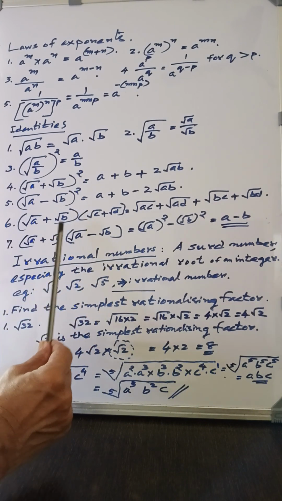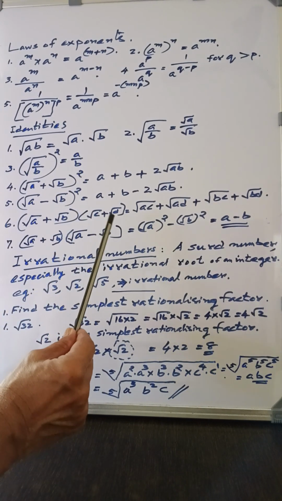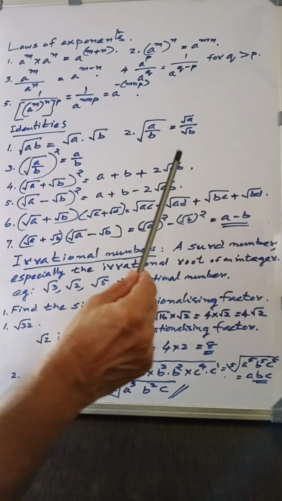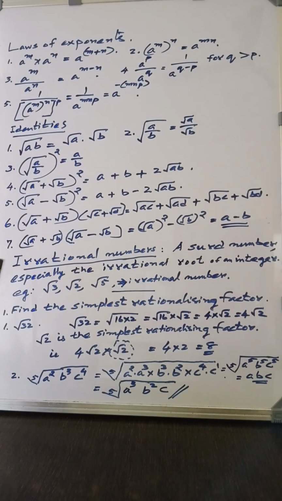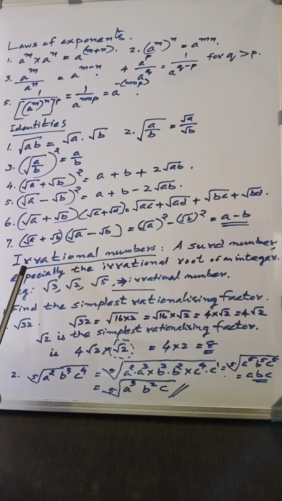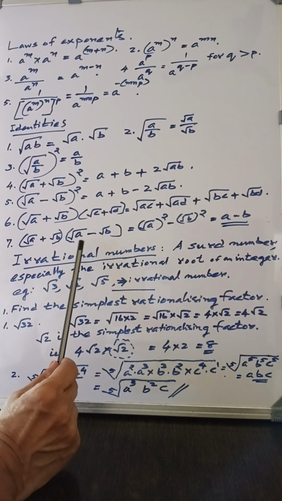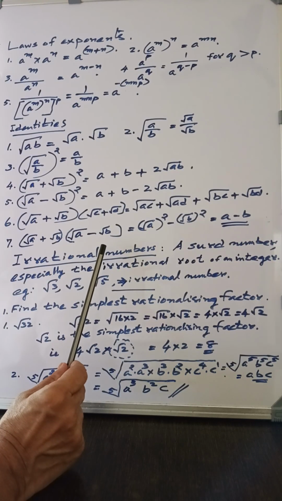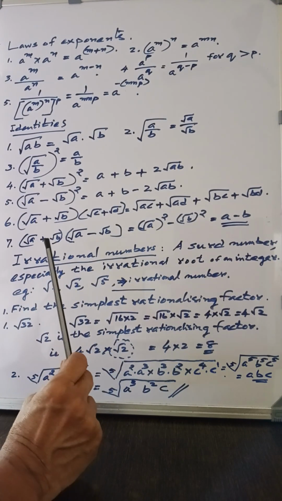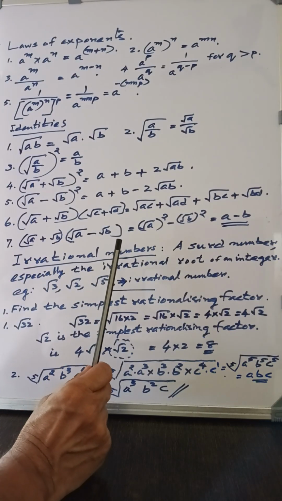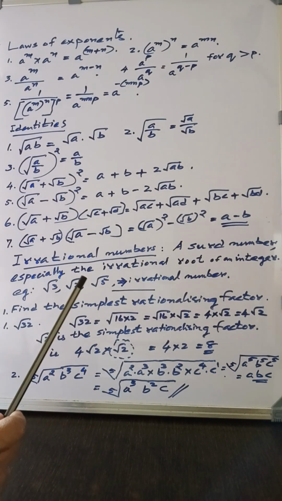Root A plus root B into root C plus root D gives root AC plus root AD plus root BC plus root BD. Root A plus root B into root A minus root B follows the identity (A plus B) into (A minus B).